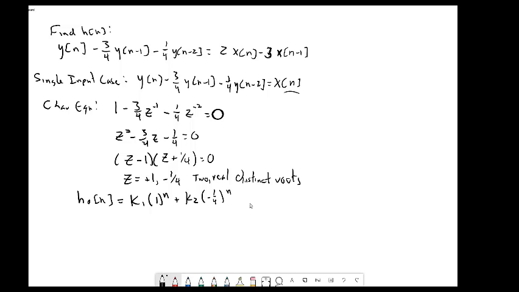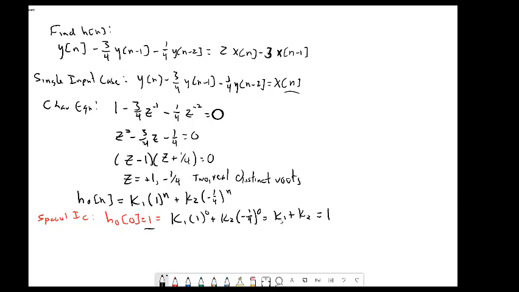We want to solve with our special initial condition, h0 of 0 equals 1. So we plug in n equals 0 and get k1 times 1 to the 0th power plus k2 times minus 1/4 to the 0 power, which is just k1 plus k2. They have to equal 1 according to our special initial condition.